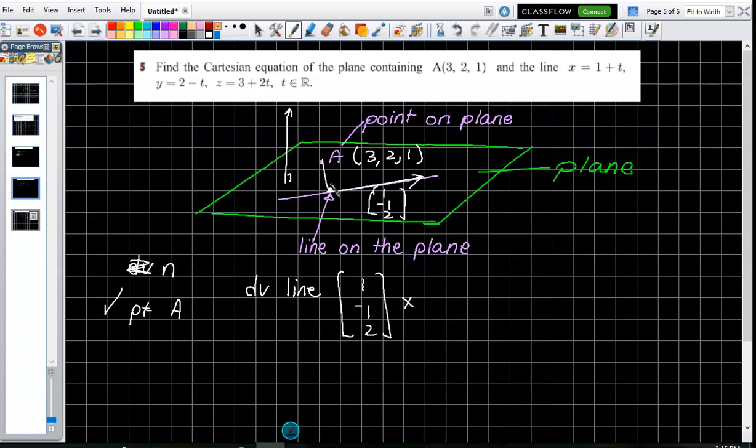Yeah. Kels? Yeah, so you could just go let t equal 0, right? So from the line, if t equals 0, we've got the point 1, 2, 3. So now we've got 2 points.